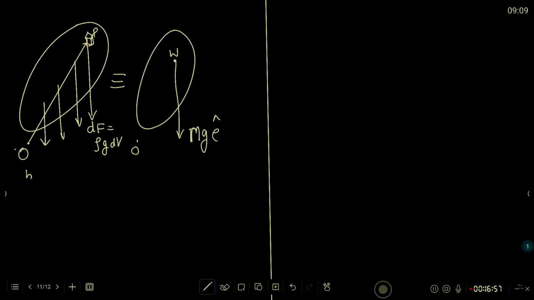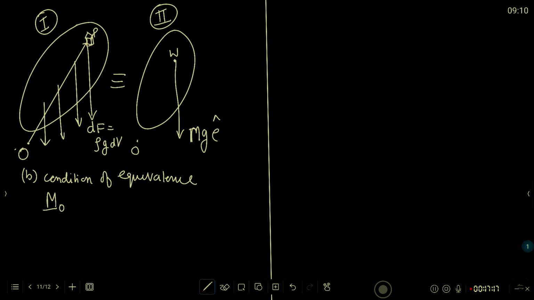Now the second condition of equivalence requires that the moment of all the forces in the first force system about a point should be the same as the moment of all the forces in the second force system about the same point.